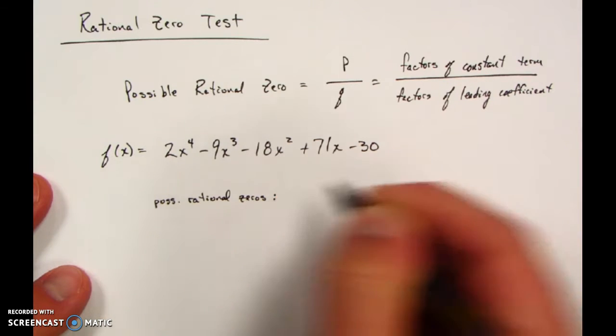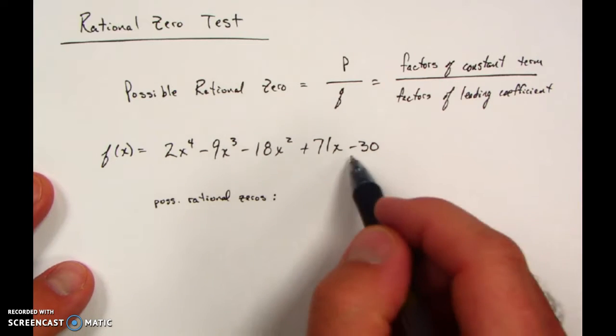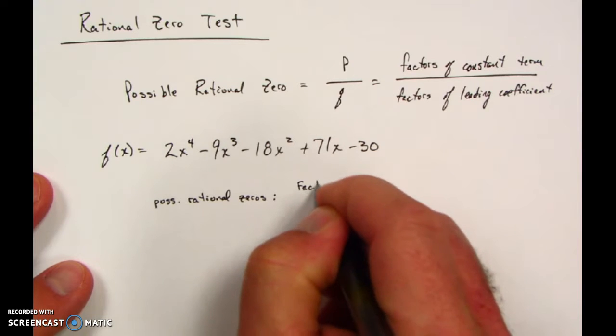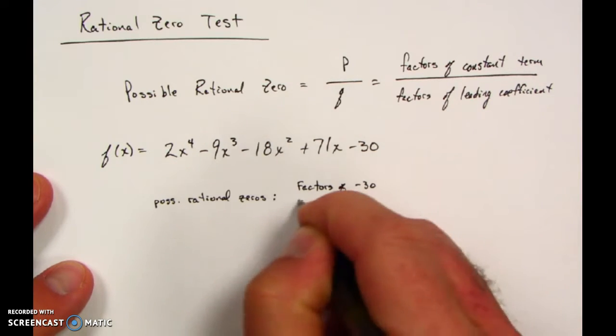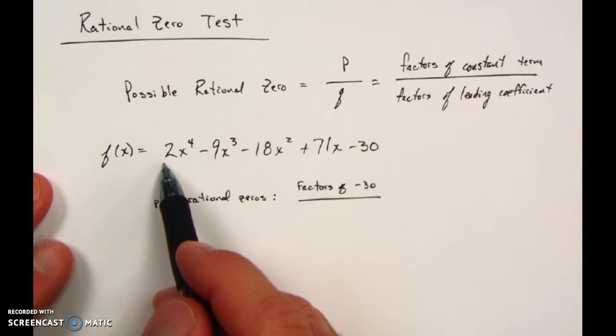Which means what we're going to look at is the factors of the constant term, that would be our factors of the negative 30. And as far as our factors of our leading coefficient, that would be our factors of 2.